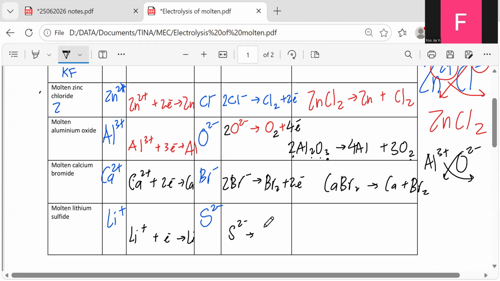S2 negative becomes S plus 2 electrons. Okay? So overall, Li2S becomes 2Li plus S. Okay?